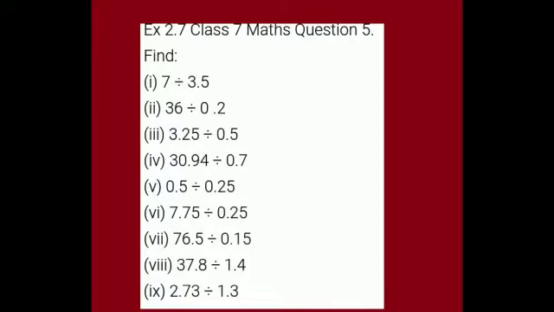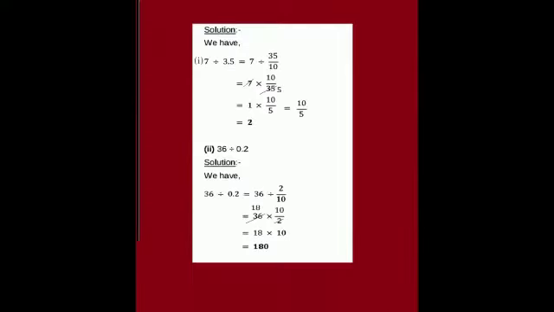Question number 5, find. We are given 9 subdivisions of questions and we can solve them one by one. Solution. First subdivision. 7 divided by 3.5. 7 is a whole number that we can take directly and 3.5 can be written as 35 by 10.